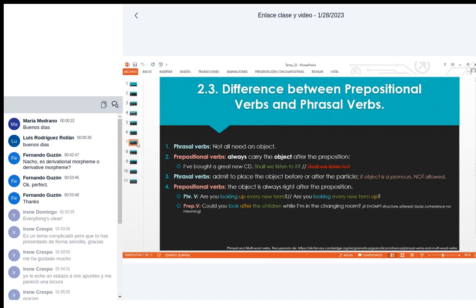For example, are you looking at every new term, or are you looking every new term up? Look up is a phrasal verb that refers to investigate, to know the meaning of something. Whereas look after is not a phrasal verb, but rather a prepositional verb. Look after really is mirar después de.